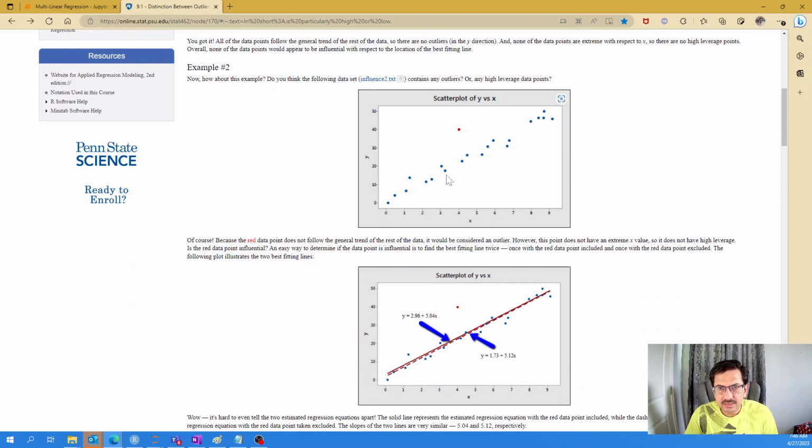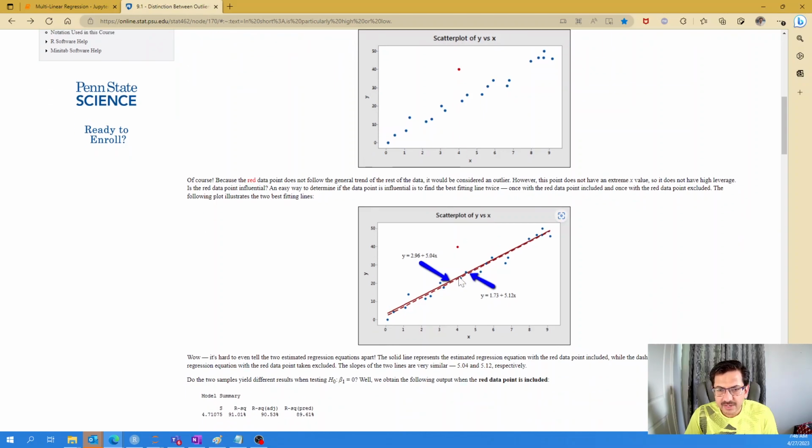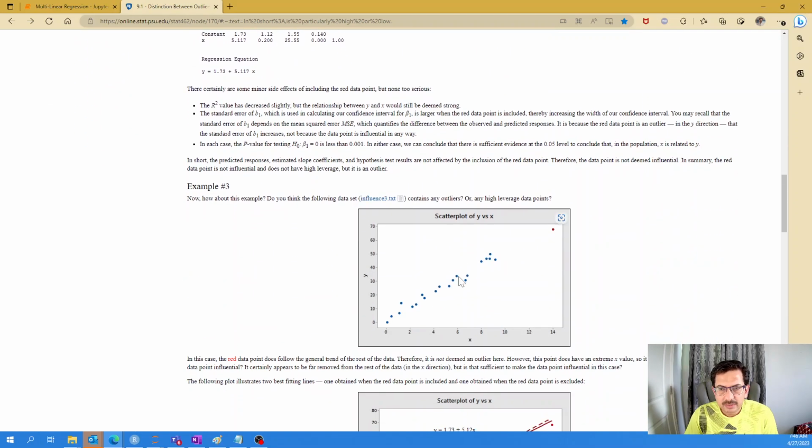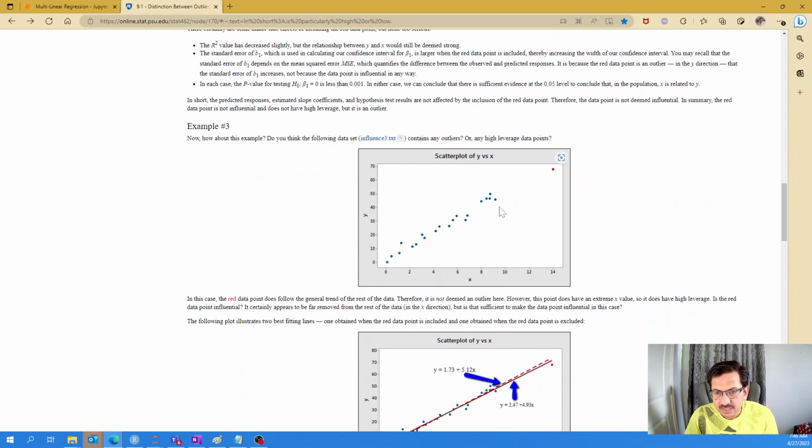This is an example of an outlier, where all your X values follow some trend, but this particular value does not follow that trend, so it is an outlier. This is an example of leverage, where your X value is extreme compared to your other X values, other features.